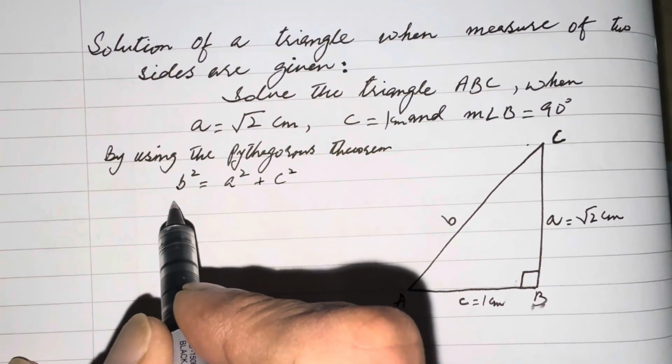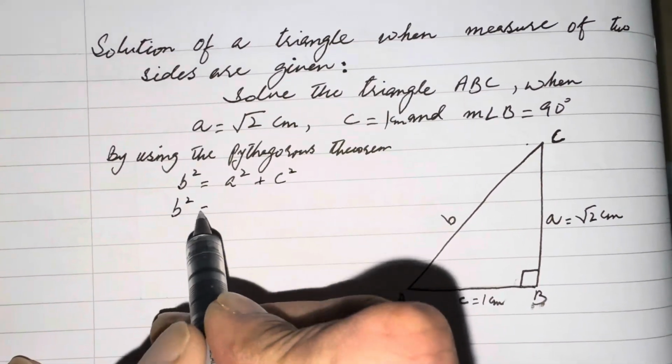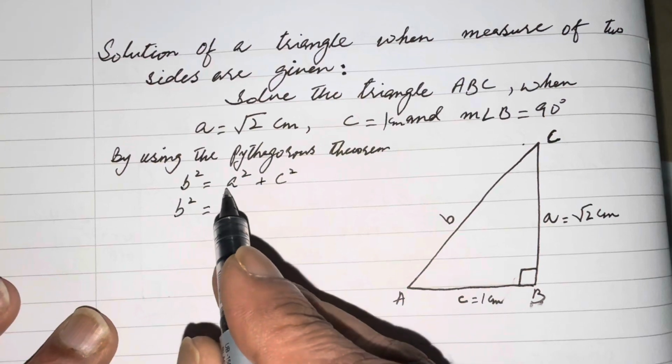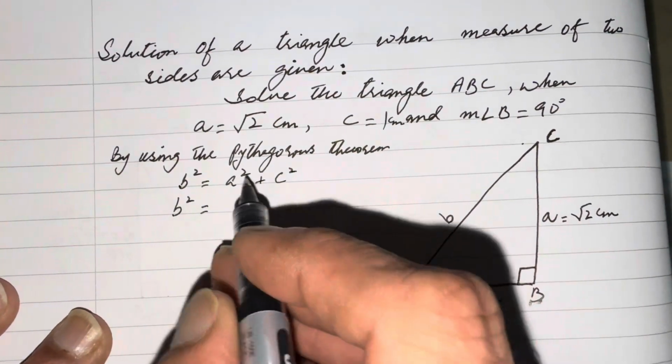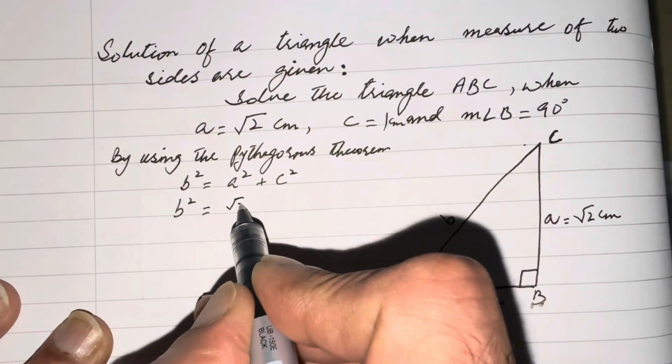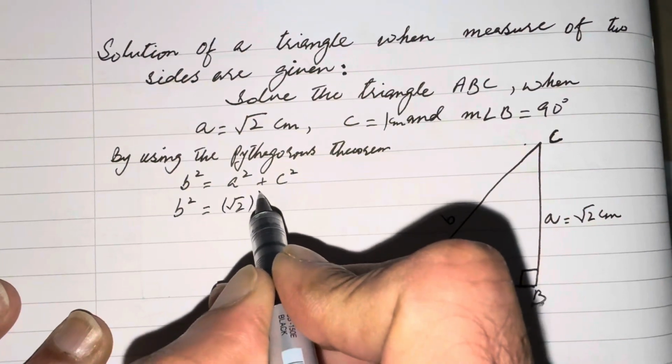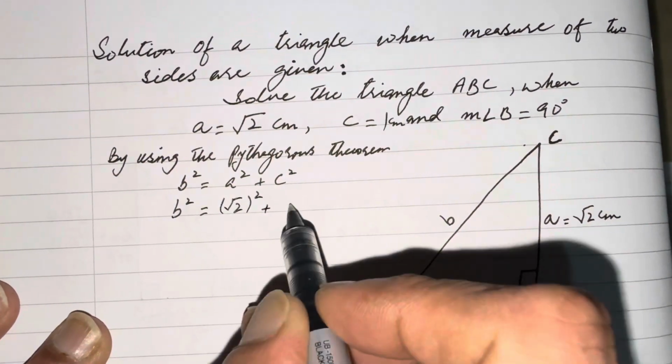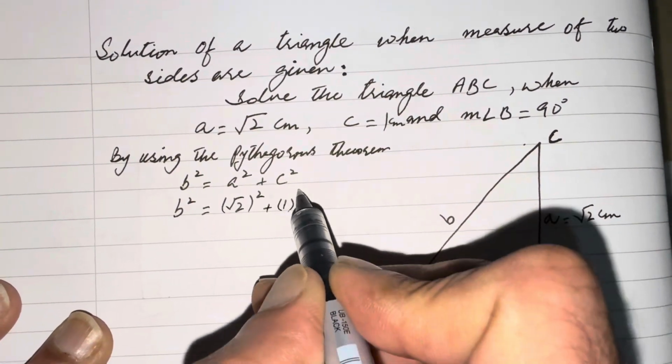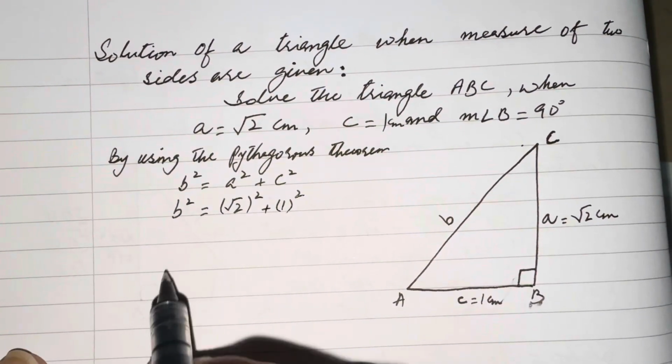We have to find the length b. So b square is equal to √2 squared plus c squared, where c is equal to 1, so square of 1.